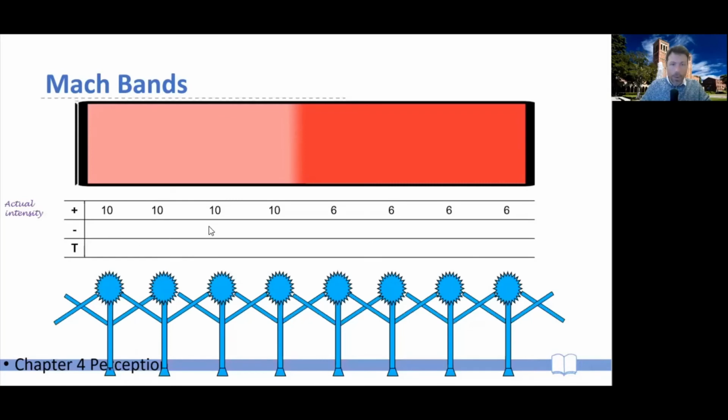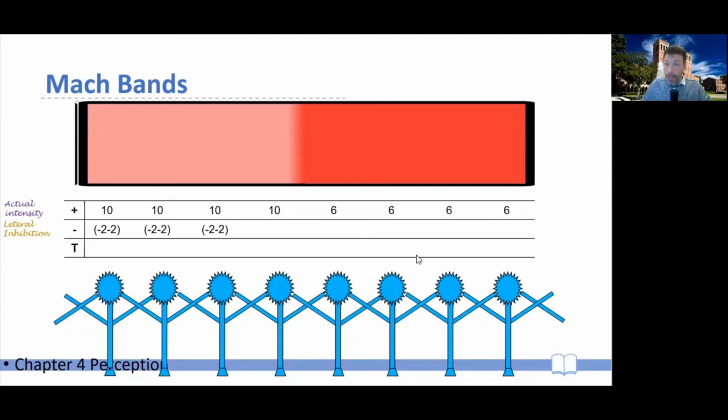So these 3 neurons really, they each receive 10 excitation, but they also each receive inhibition of 2 from each side. So 2 from here, 2 from here. This neuron receives -2 from here, -2 from here. This neuron receives -2 from here, -2 from there.